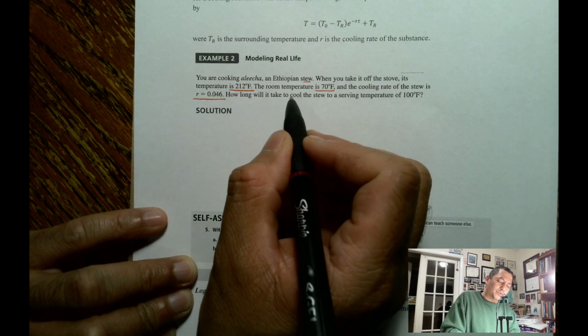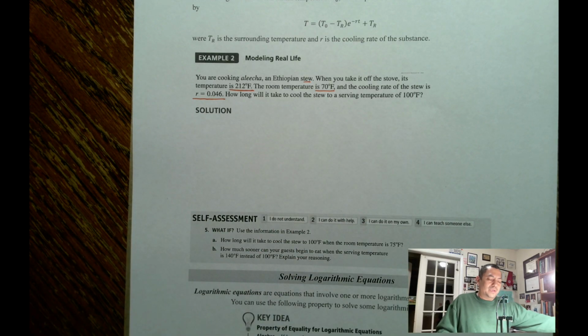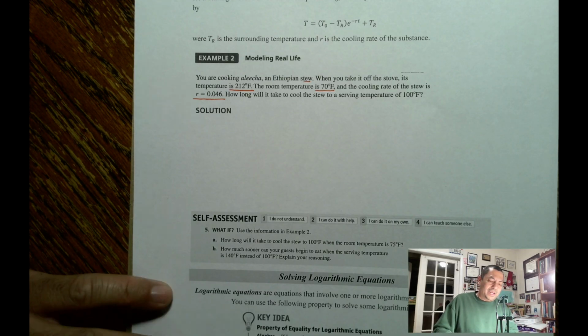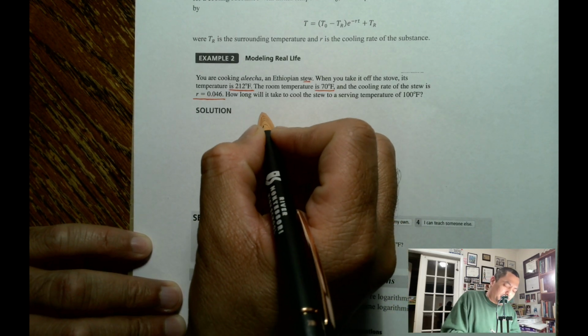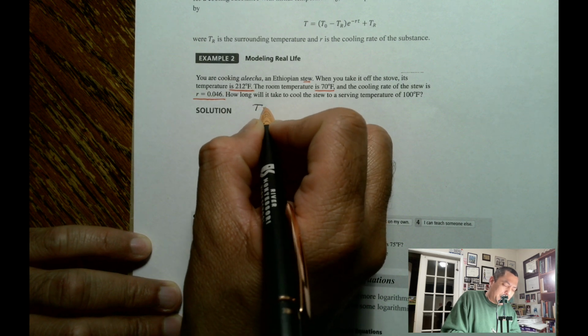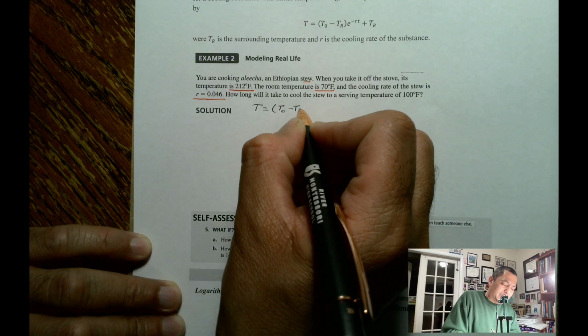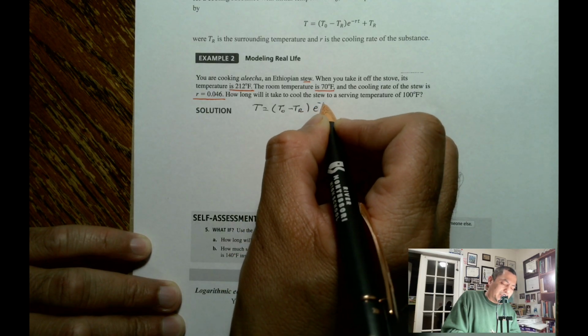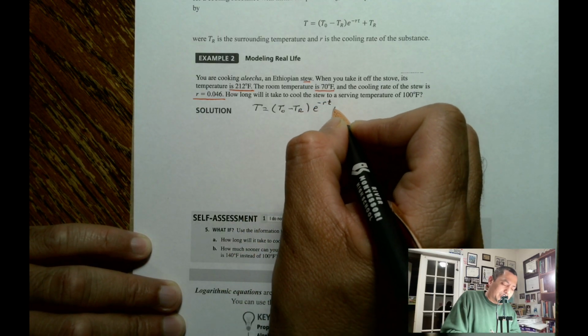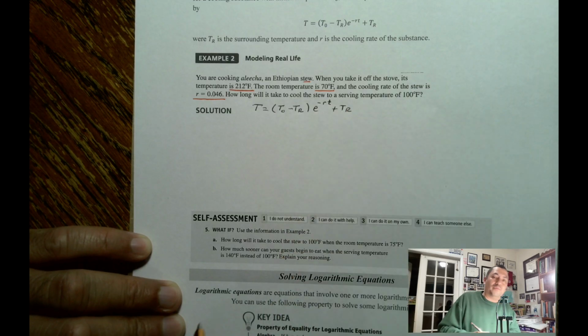How long will it take to cool the stew to a serving temperature of 100 degrees Fahrenheit? So I'm going to start writing the formula. So T is equal to T sub 0 minus T sub R, e to the negative rt plus T sub R.